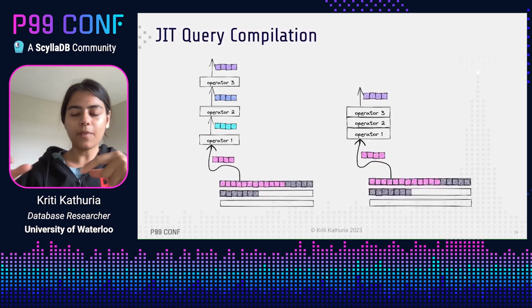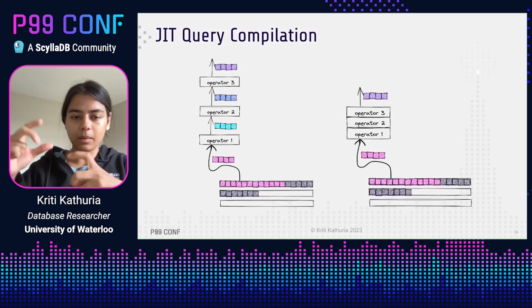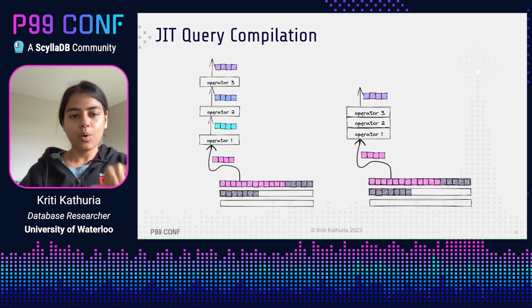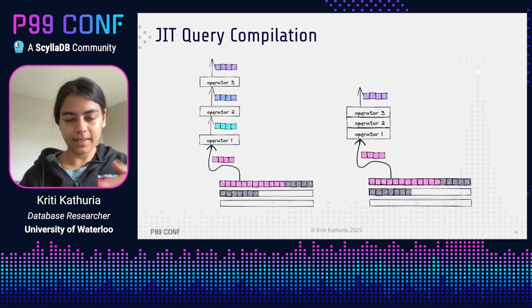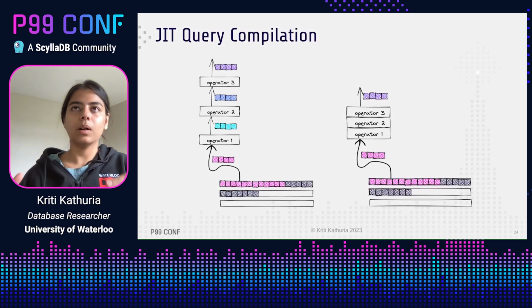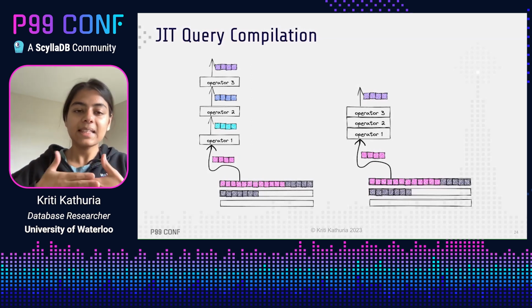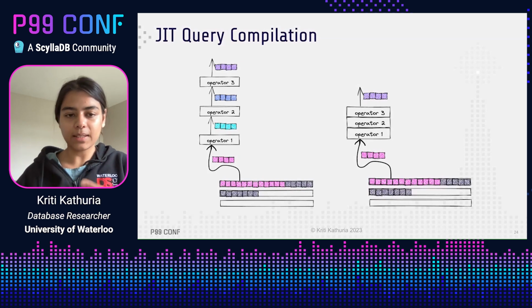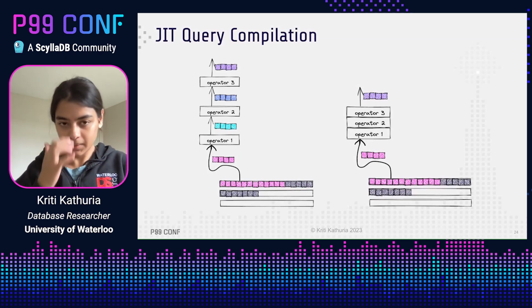Between each operator there'll be a series of function calls. Imagine your operator 1 has just produced data and is done. Before operator 2 gets loaded and is set to execute, a series of function calls will happen. In this series of function calls, your CPU registers definitely get evicted.